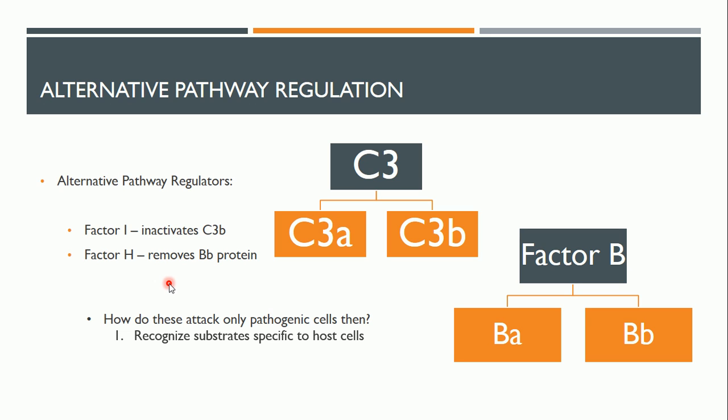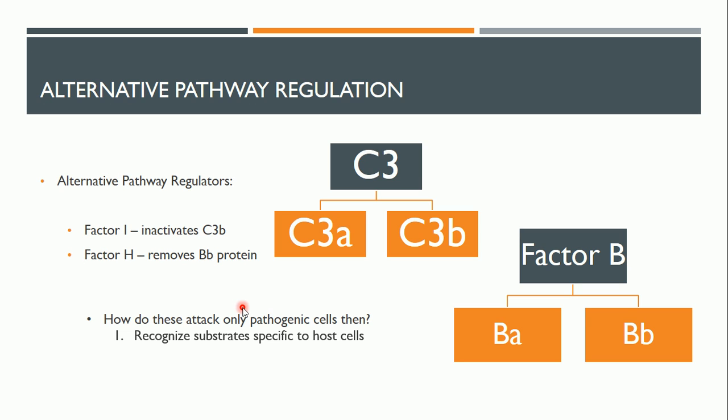They're carbohydrates. So factor H can recognize the things that are specific to host cells, and it's activated by that. Factor H will be activated and start removing the Bb protein, and then it'll also allow factor I to start degrading the C3b when it recognizes these substrates.